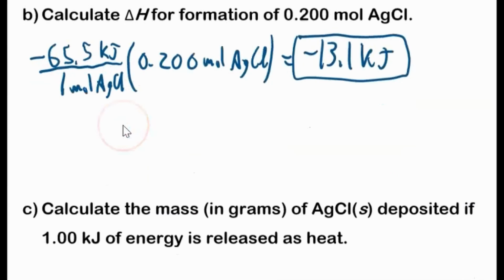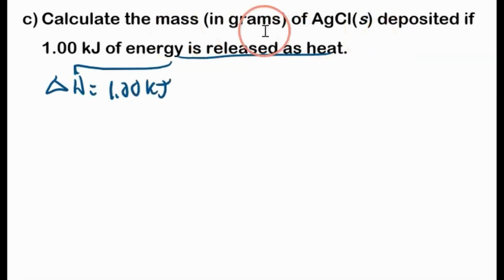react. Now for the next one, calculate the mass in grams of silver chloride deposited if this much energy is released as heat. So this is our change in enthalpy. The change in enthalpy is 1.00 kilojoules, and we want to know the mass deposited.